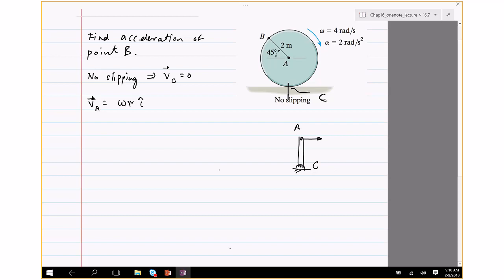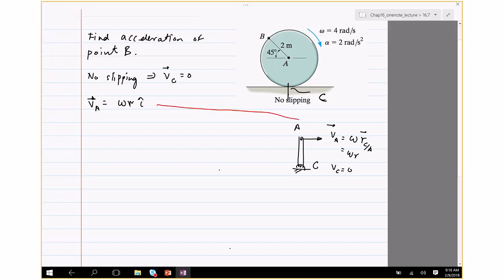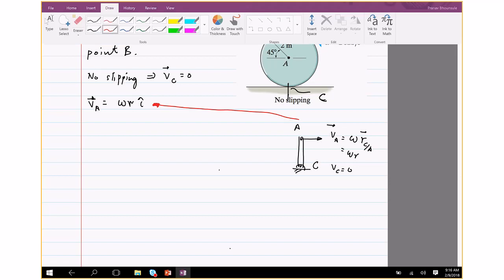So when velocity of C is 0, velocity of A is going to be omega times rC with respect to A. It's kind of a weird thing, but this point C is actually moving, right? The point of contact is moving as the disk moves. But this is another way of thinking about the same problem in terms of a link. So that's how I got omega r. So this is how you get velocity of A.